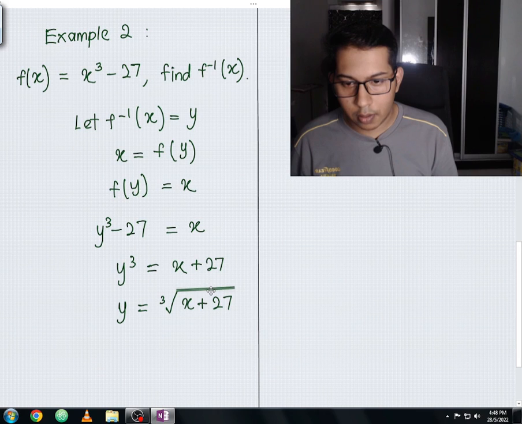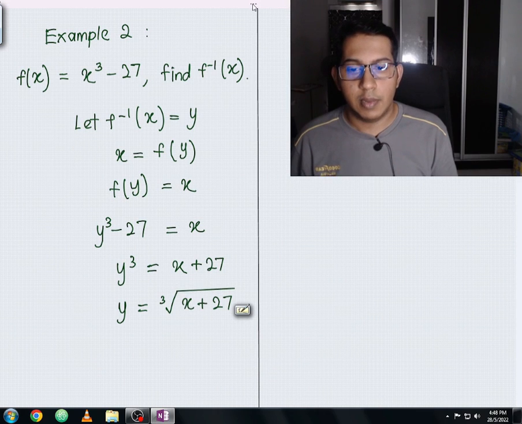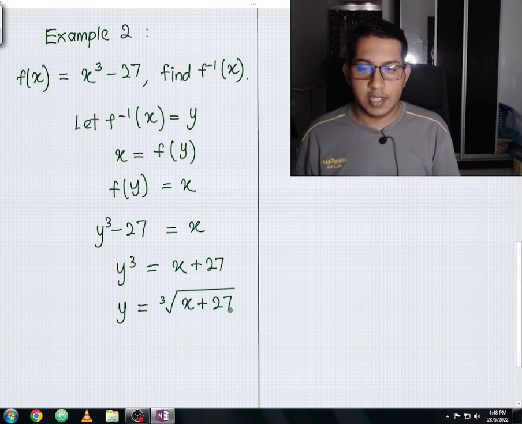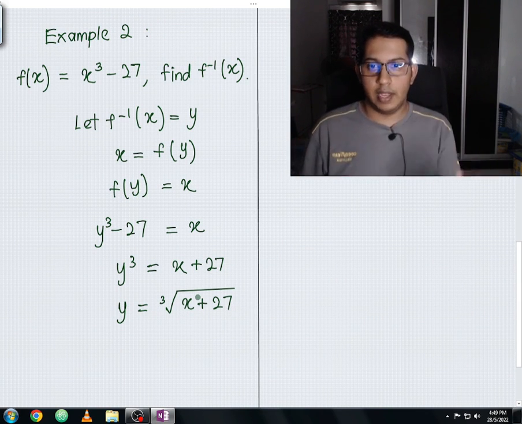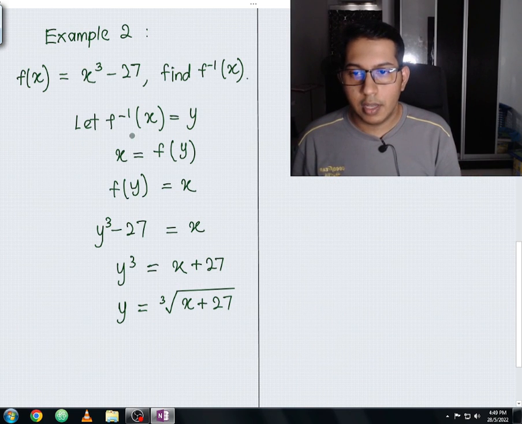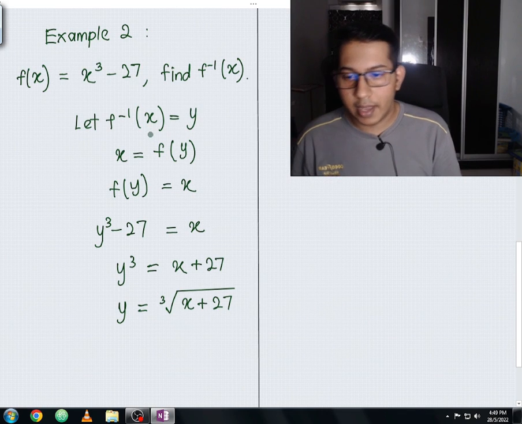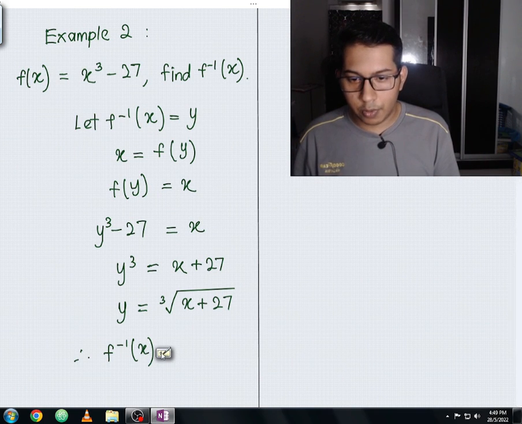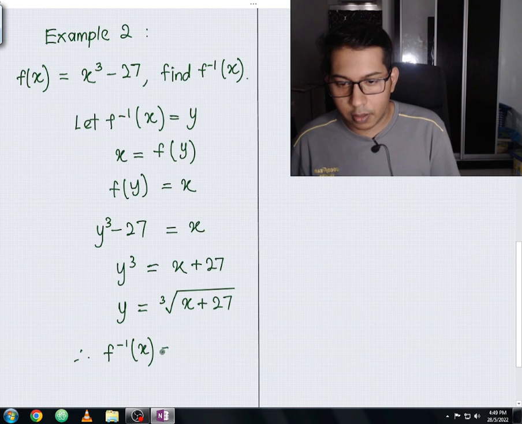So since y is equals to cube root of x plus 27, we are very close to our final answer. Since in the earlier working we let f inverse x is equals to y, therefore your f inverse x is equals to cube root of x plus 27.